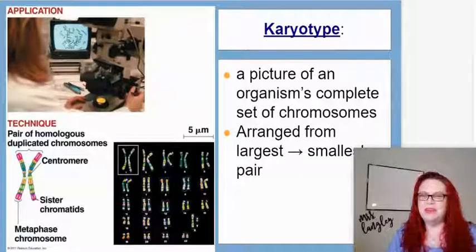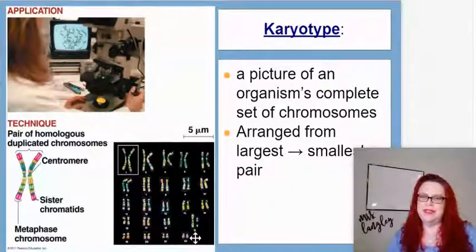And we then take pictures and we arrange it from largest to smallest and match them up. Now you'll see here that this individual has 22 plus this here. We have an X and a Y. Because it's an X and a Y, that means it's a boy. If it was an X and an X, that would mean a girl. So this represents the DNA of one individual.